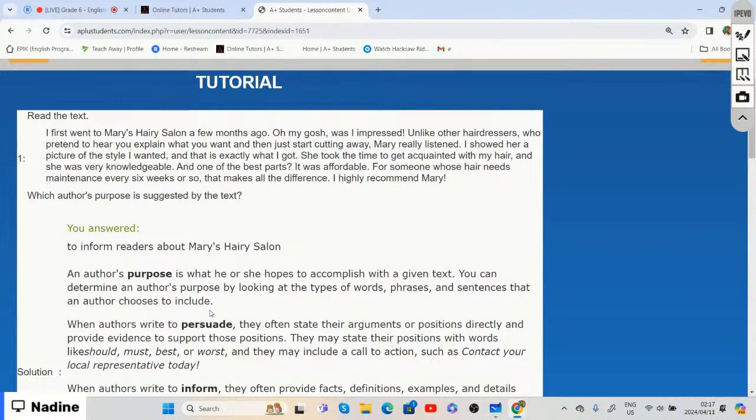She took the time to get acquainted with my hair, and she was very knowledgeable. And one of the best parts, it was affordable. For someone whose hair needs maintenance every 6 weeks or so, that makes all the difference. I highly recommend Mary.